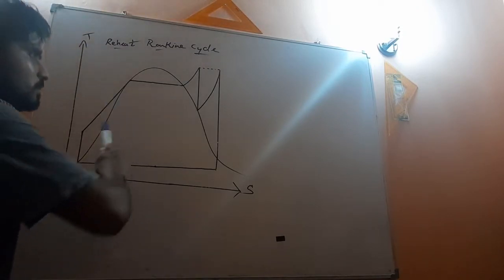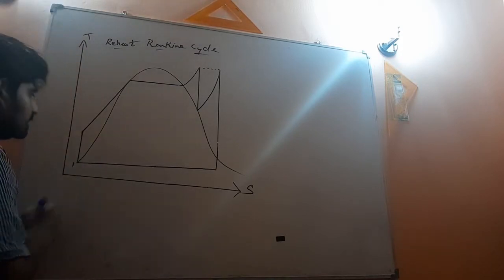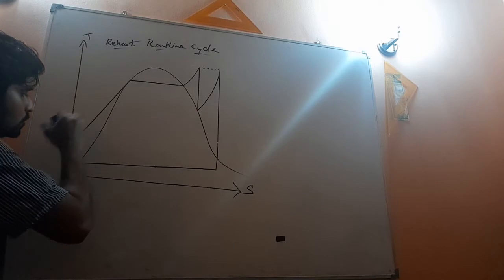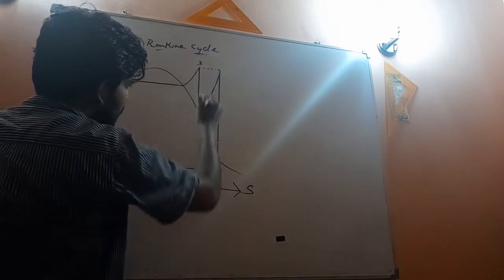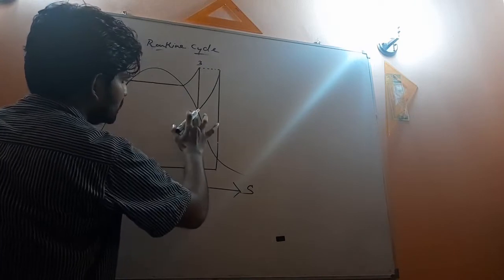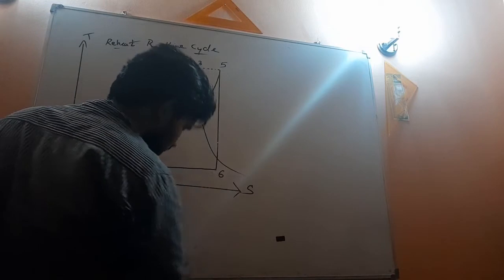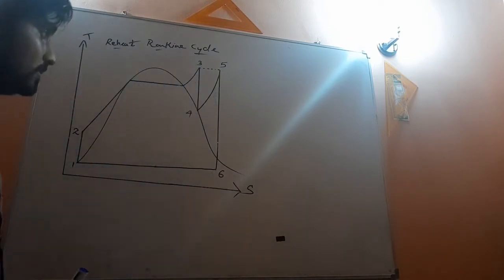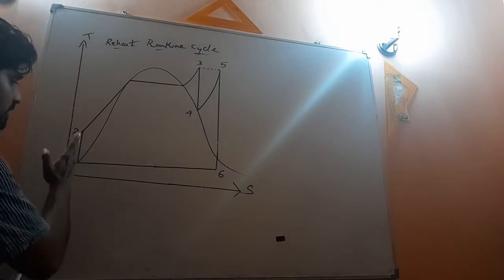Now be very careful about the points, right? Point number 1, point number 2, point number 3, point number 4, this one, point number 5 and point number 6, right? Okay, so now be very careful. This 1 to 2 is a straight line.